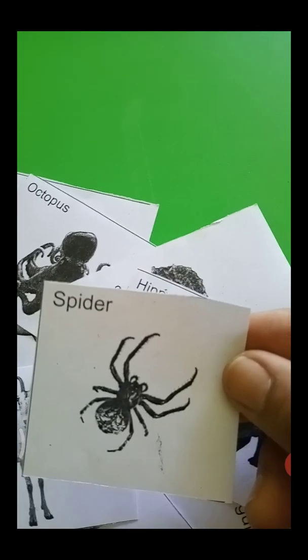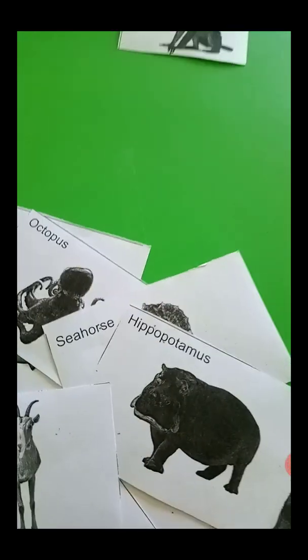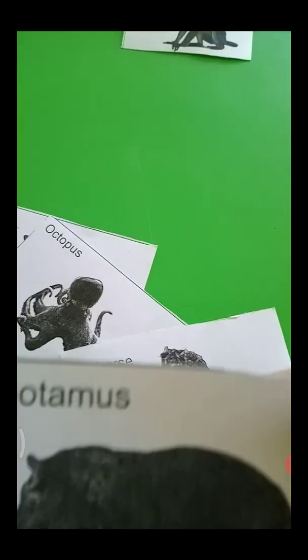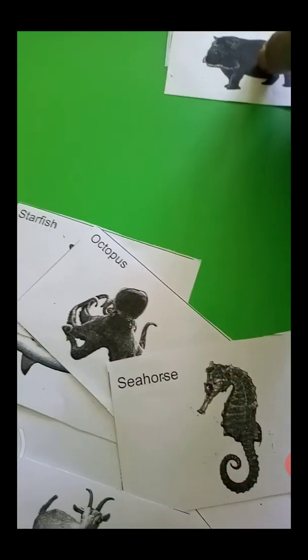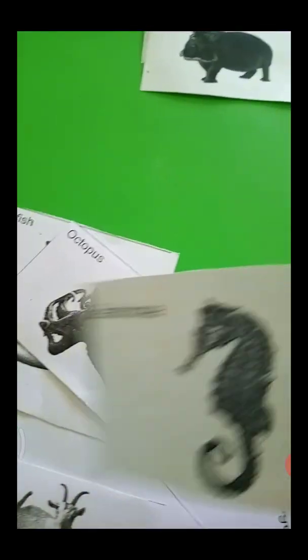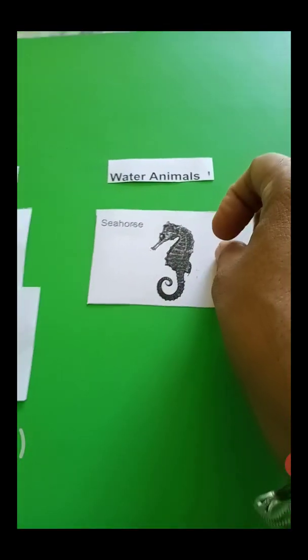Now I pick the picture of spider. Spider is a insect. Hippopotamus is wild animal. Seahorse, it's a water animal.